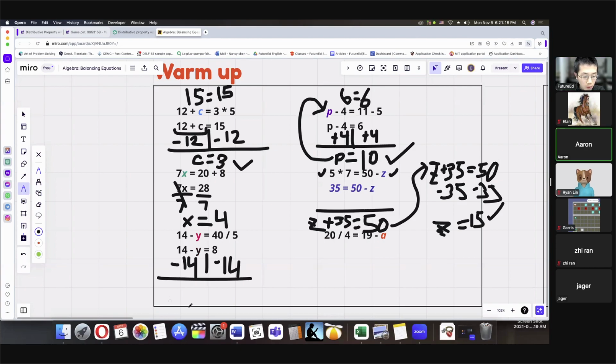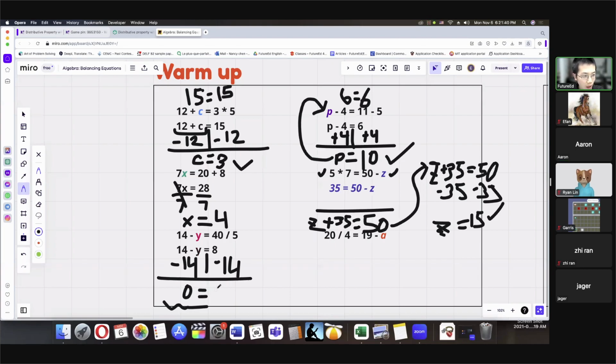So on the left side, you said it was 0. Okay, so the left side is 0, and the right side is what again? 26, or negative 6?